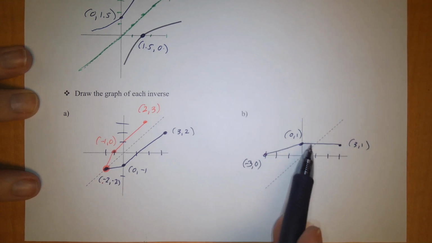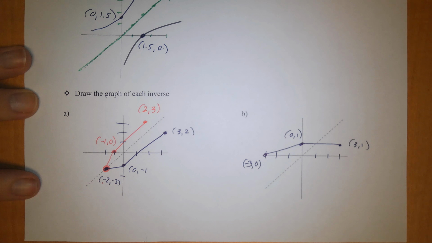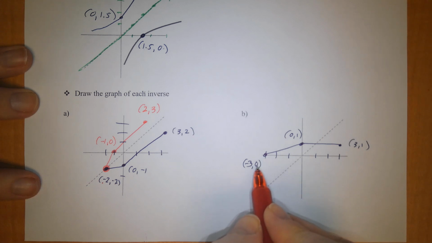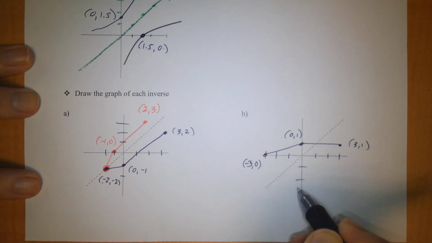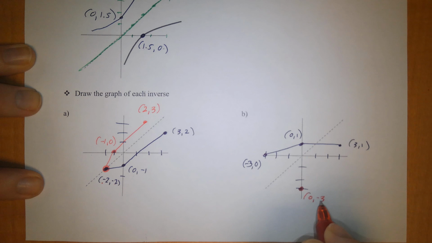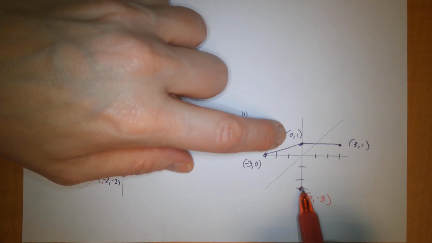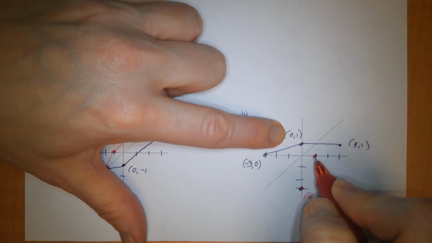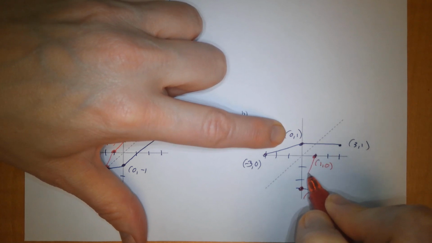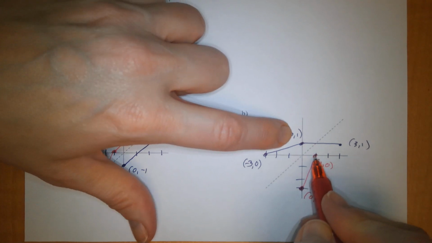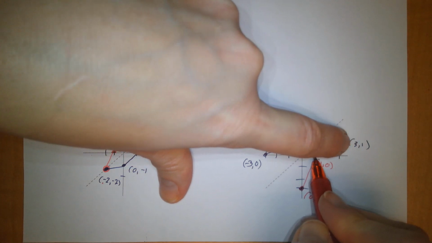Well, if I wanted to draw that over the symmetrical line, I would have a point at (0, -3), and then that point would continue on to (1, 0), and then that point would continue over to (1, 3).